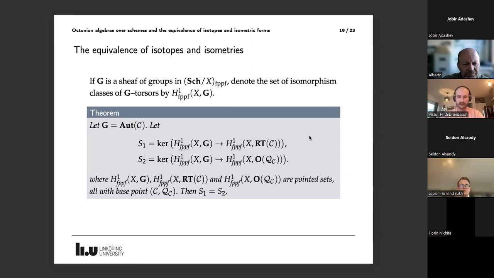And for all our group schemes, G, RTC, and O, the orthogonal group scheme, they will all have the same base point, which will be our Octonion algebra. And then the claim is that these two sets coincide.